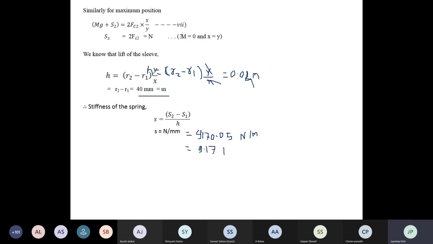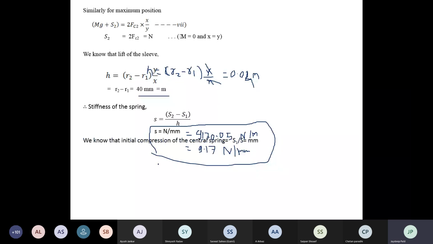Okay, now you have to find out the stiffness of the spring, and next you have to find out the initial compression of the spring. Initial compression takes place at the minimum speed. Means you have to write down your formula. This is the formula: S1 upon S. Initial compression of the spring.